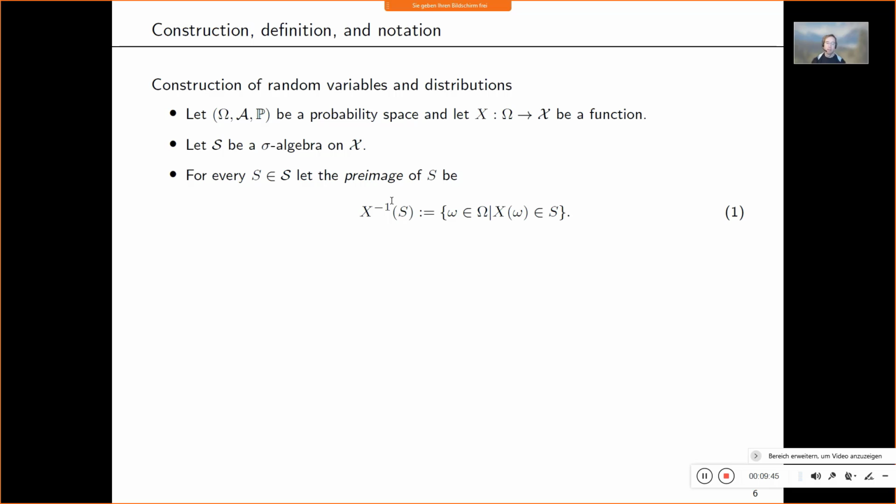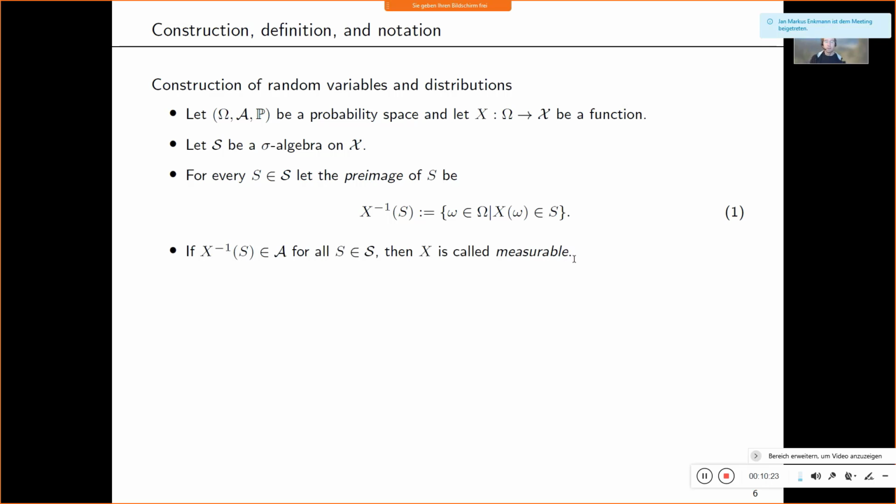By the pre-image we mean those elementary outcomes small omega in Omega which are mapped by this function X onto elements in this set S, which is a subset of calligraphic X. So we are basically considering those elementary outcomes in the original outcome space that are mapped onto elements of a set S in the outcome space of this function.